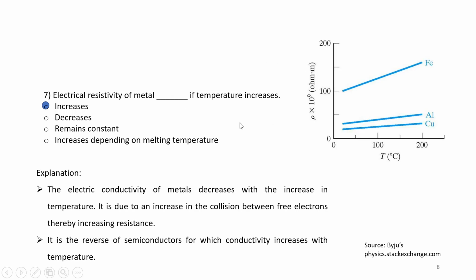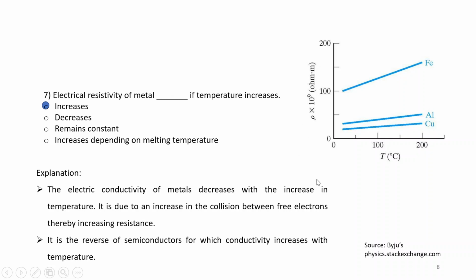So in case of metals, you can see here from the plot as well, as the temperature keeps on increasing for iron, aluminum, copper and all other metals, your resistivity will increase, because electrical conductivity comes from the electron transfer from one end to the other end in metals.